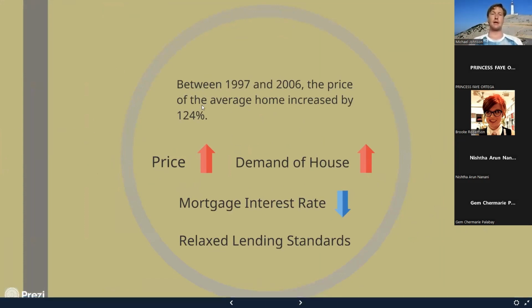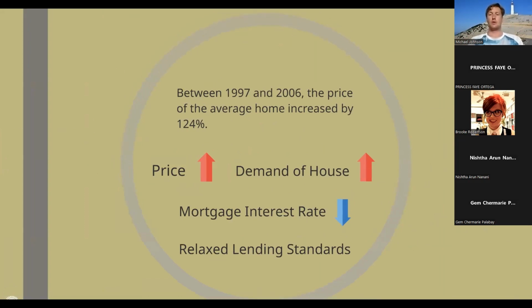The relaxed lending standards led to people without high or medium incomes getting homes, and they were not able to make the mortgage payments, and they had to default on the loans because they couldn't pay it back.